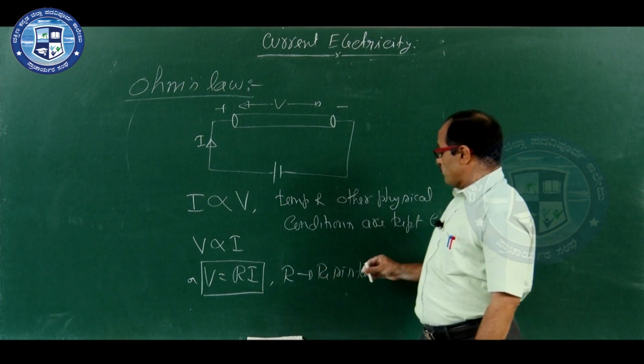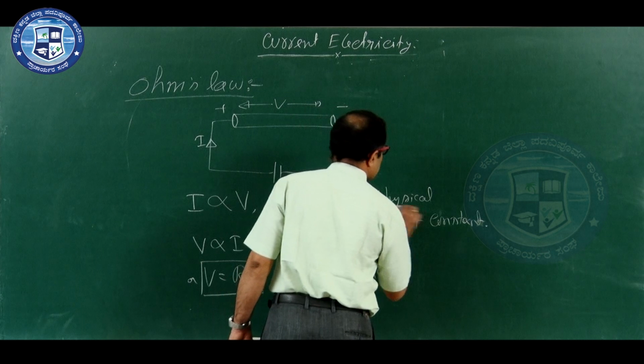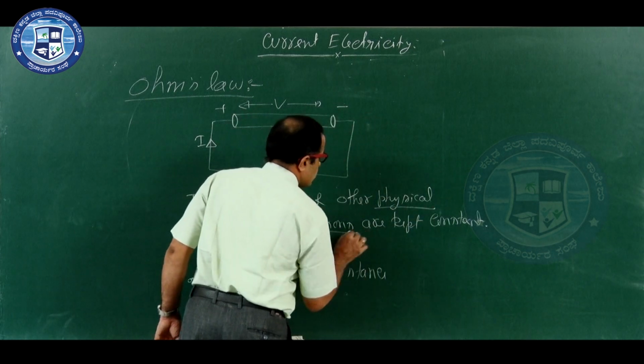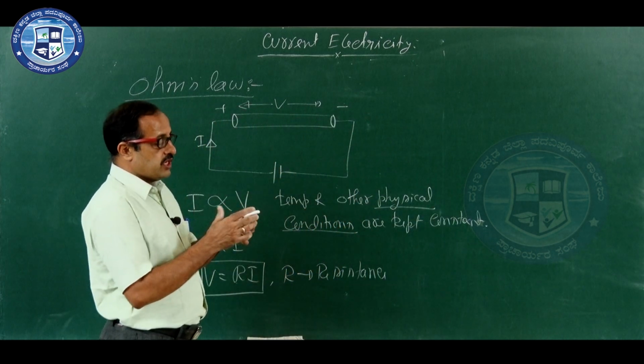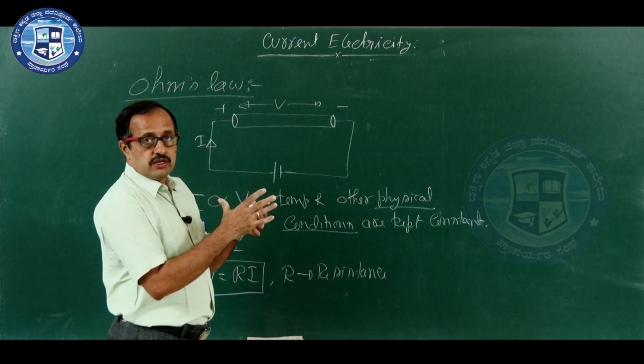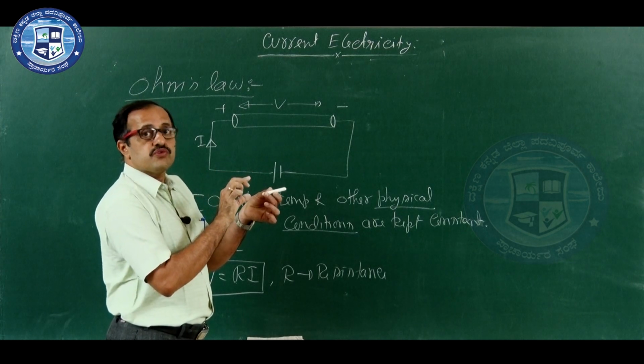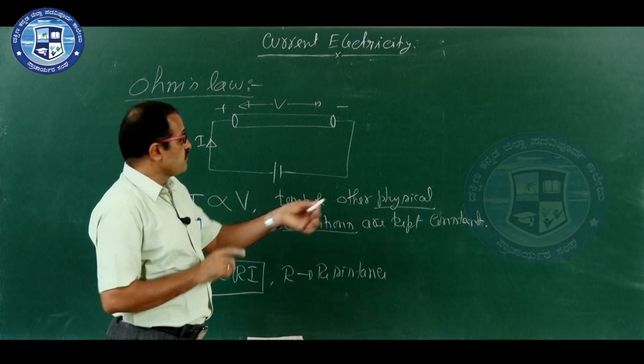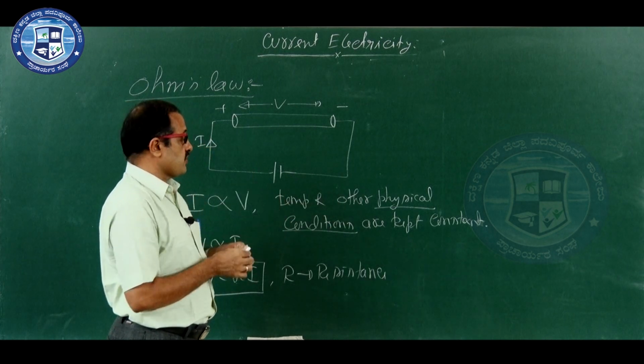Now, what is the meaning of physical conditions? It represents dimensions of the conductor, like length and area of cross section.